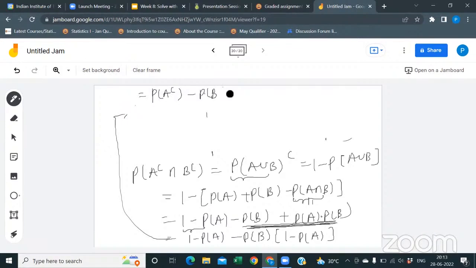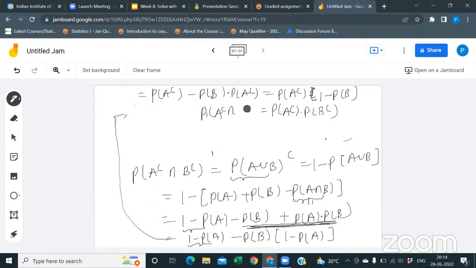Taking probability of A complement as common, it will be 1 minus probability of B, so probability of A complement into probability of B complement. That means if A and B are independent, then A complement and B complement are also independent. If passing in section 1 and section 2 are independent, then failing in section 1 and section 2 are also independent.